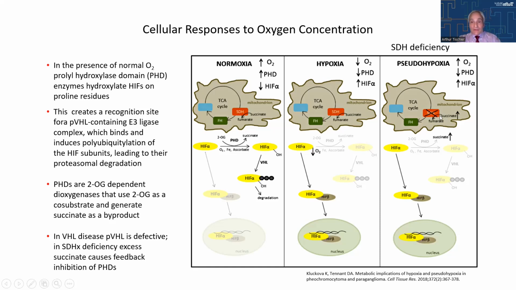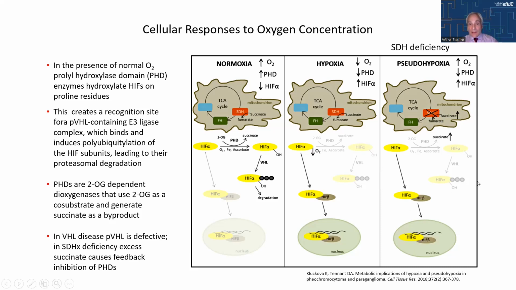So in the presence of elevated succinate, for example, which occurs in all of the tumors with SDHX mutations, these 2-oxoglutarate-dependent dioxygenases are inhibited by the presence of excess succinate, and HIF2-alpha, hypoxia-inducible transcription factors are not degraded, and they remain within the nucleus abnormally in the presence of high oxygen, as well as they would with low oxygen.